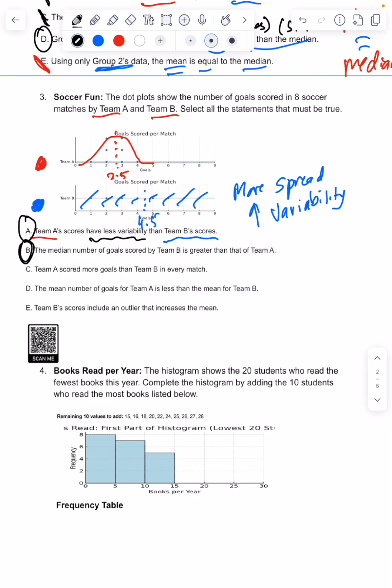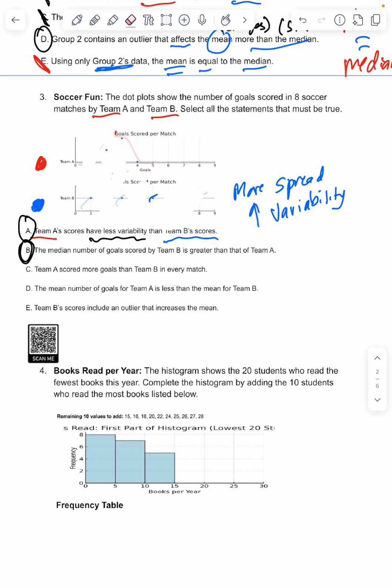And then it says Team A scored more goals than Team B in every match. Well, again, I'm going to erase this, right? In this case, it's asking that Team A scored more goals than Team B in every match. Well, there was one goal scored in one of the matches, if we're looking at the first one. So that means that Team A did not score more goals in that match. So right away, I could see that they were equal.